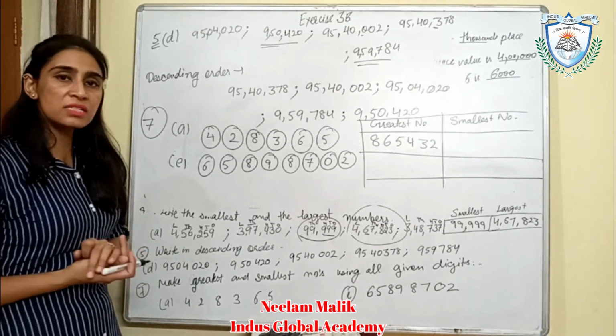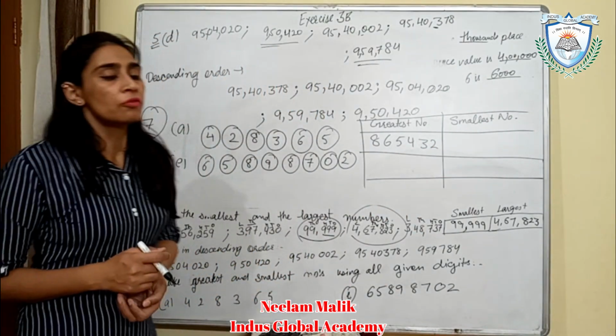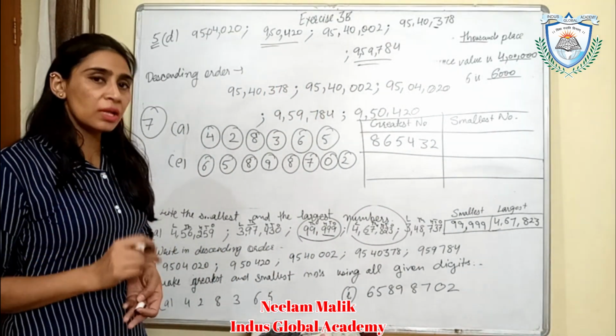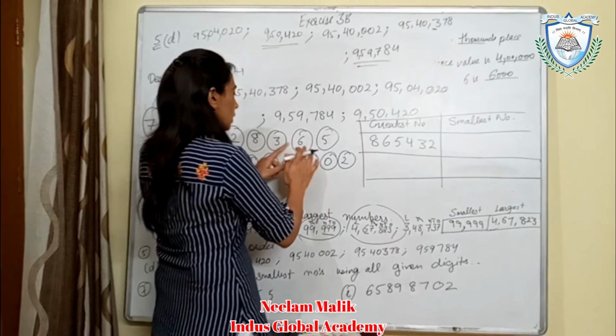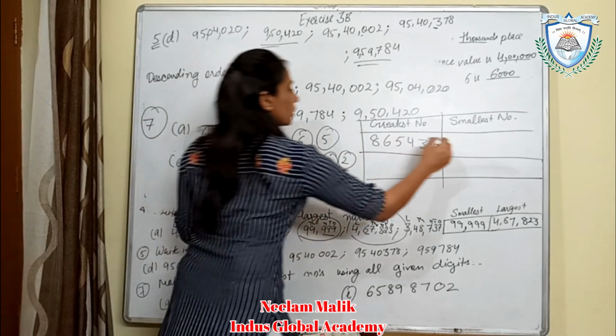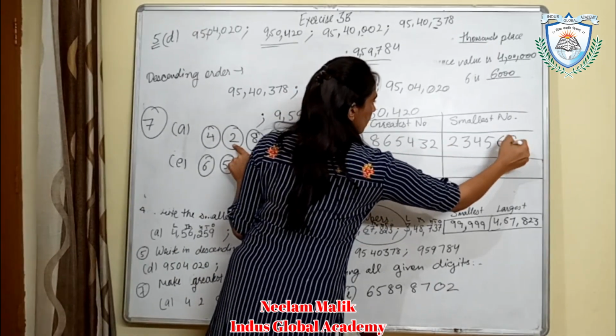In the smallest number, we will start from the smallest digit, or you can do the reverse of this. So here which one is smallest? 2, then 3, then 4, then 5, then 6, then 8.